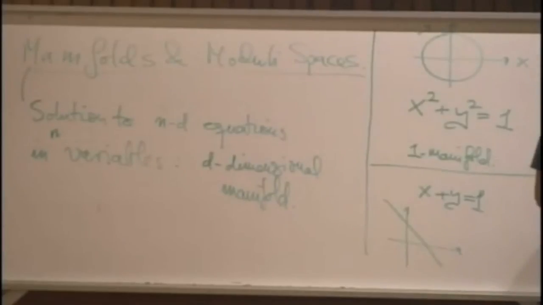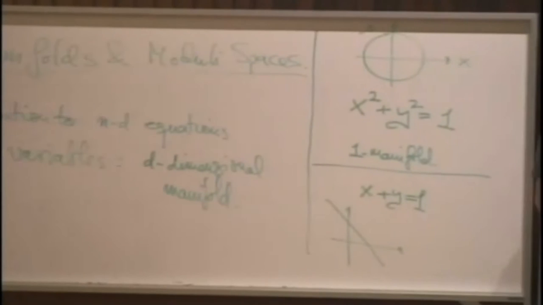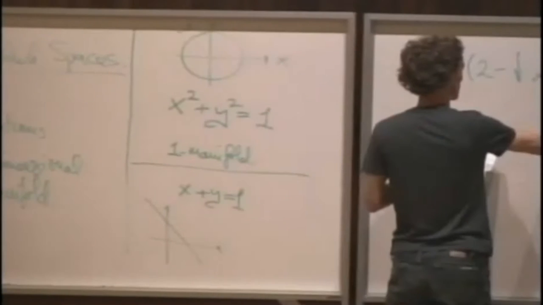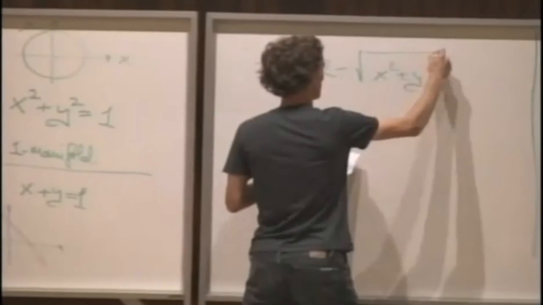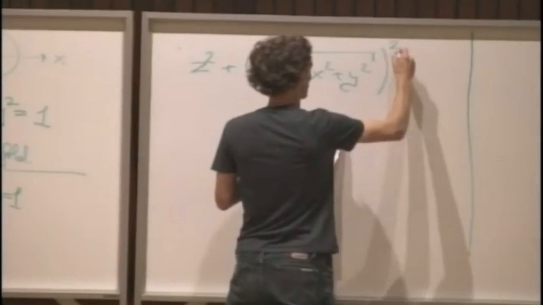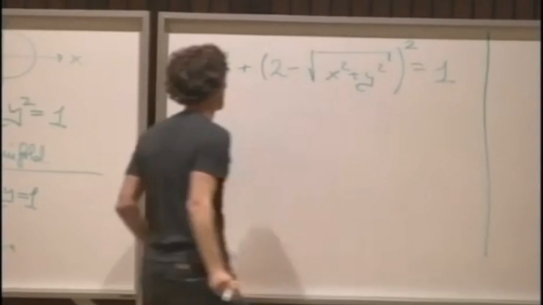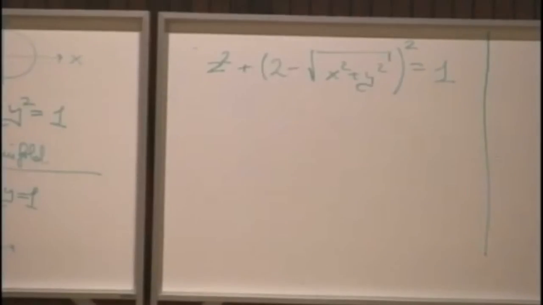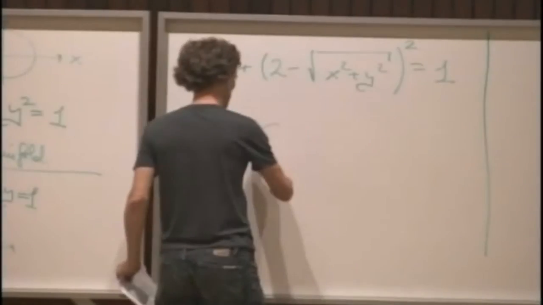More interesting equation, z squared plus (2 minus square root of x squared plus y squared) squared equals 1. This is one equation in 3 variables, so this might be a 2-dimensional manifold, and it's a torus.